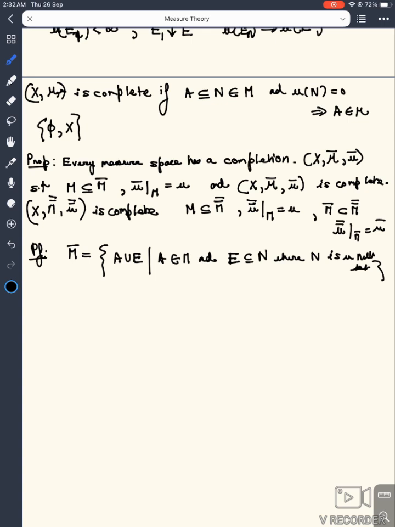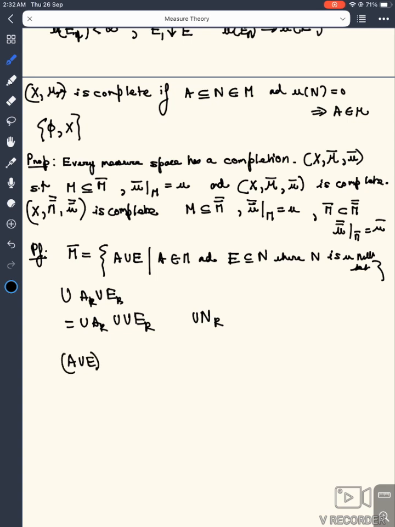So clearly you can see M bar contains M, and M bar is closed under countable unions, because the union of A_k union E_k is the union of A_k union the union of E_k, and the union of E_k is contained in the union of N_k, which is a null set by countable subadditivity, so it's closed under countable unions.